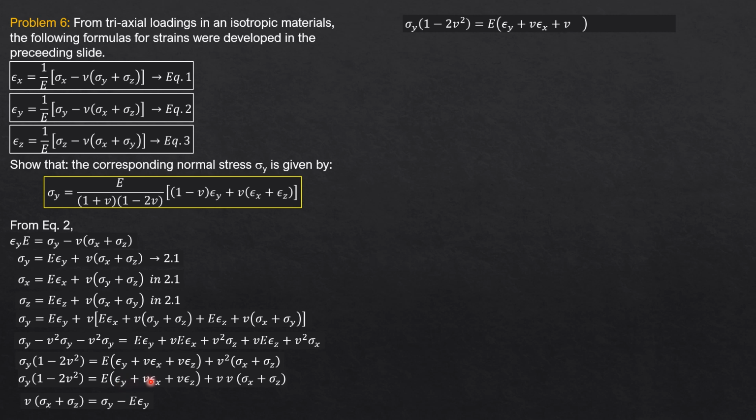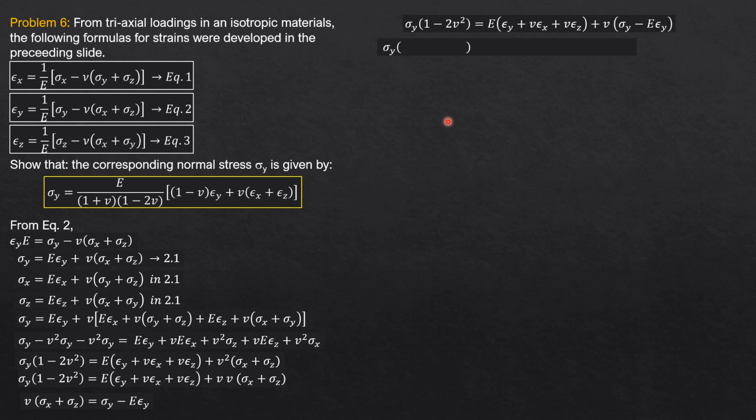So sigma y quantity 1 minus 2 times Poisson's ratio squared equals E, so we just copy this, then plus Poisson's ratio times this quantity sigma y minus E times strain y. Again, there is sigma y here. Let's transpose this to the left.